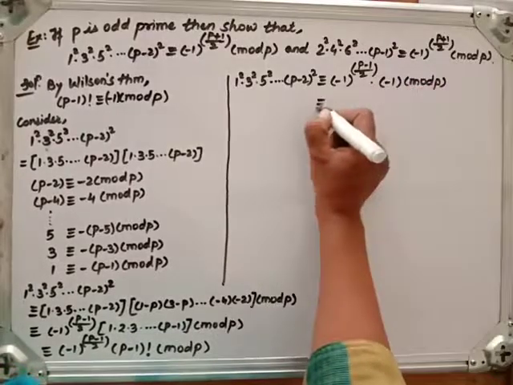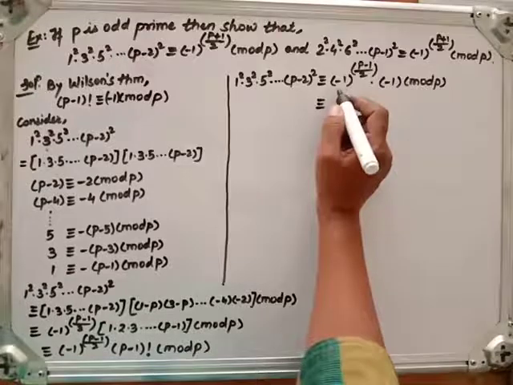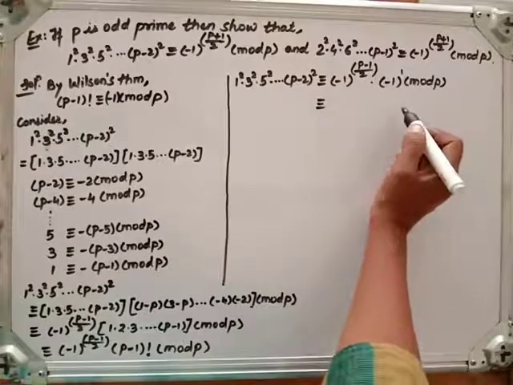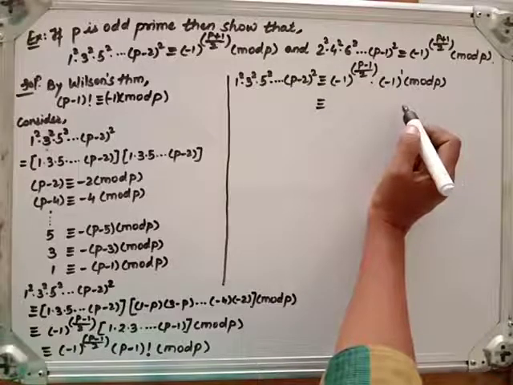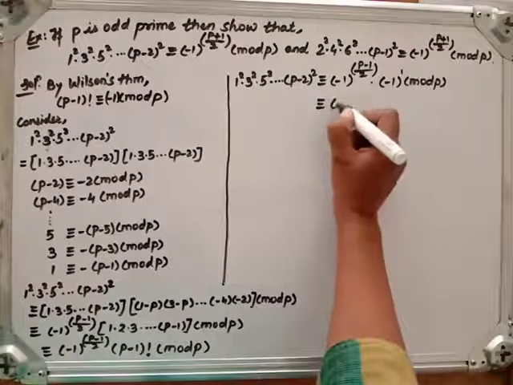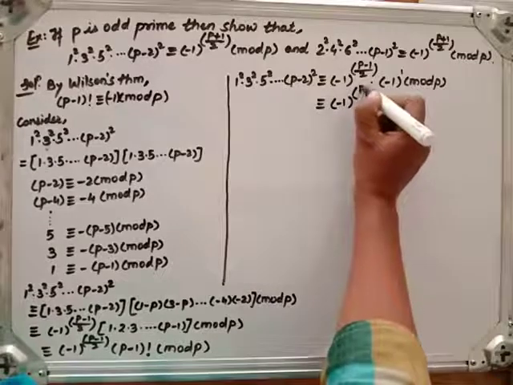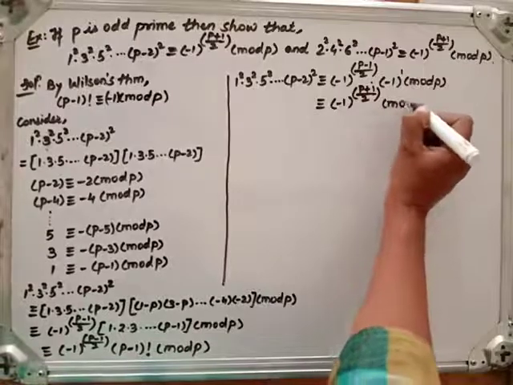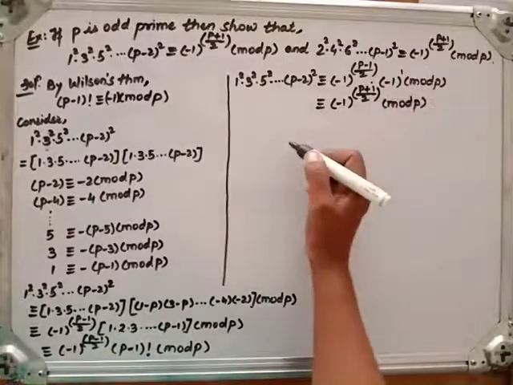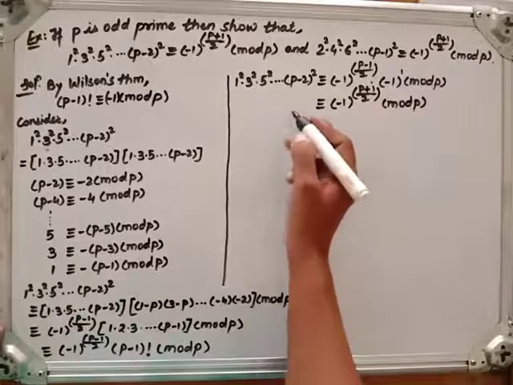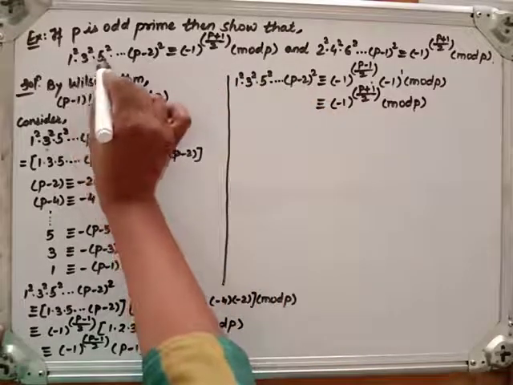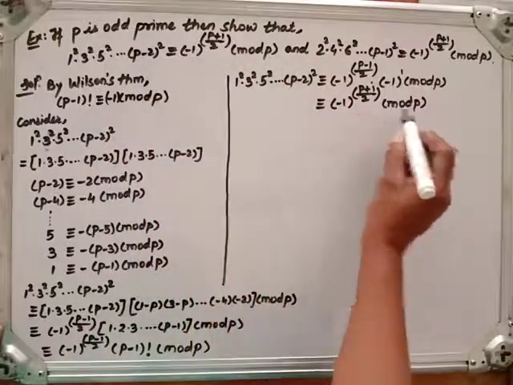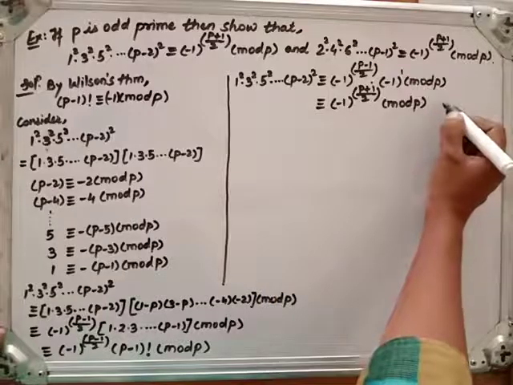So by adding these indices, here 1, here it is 1, we get minus 1 raised to (p plus 1) by 2 modulo p. Okay, the same we wanted to prove. The same one we got here. This is our first result.